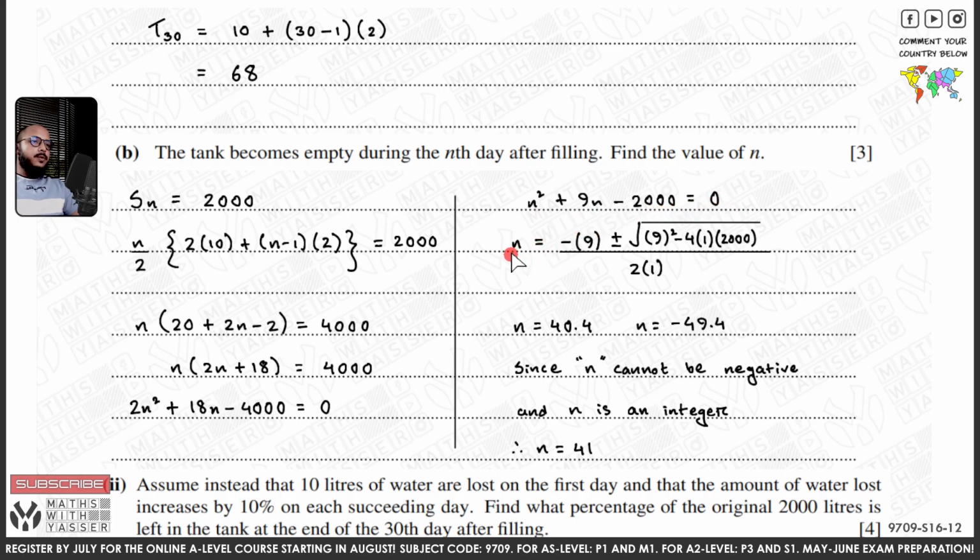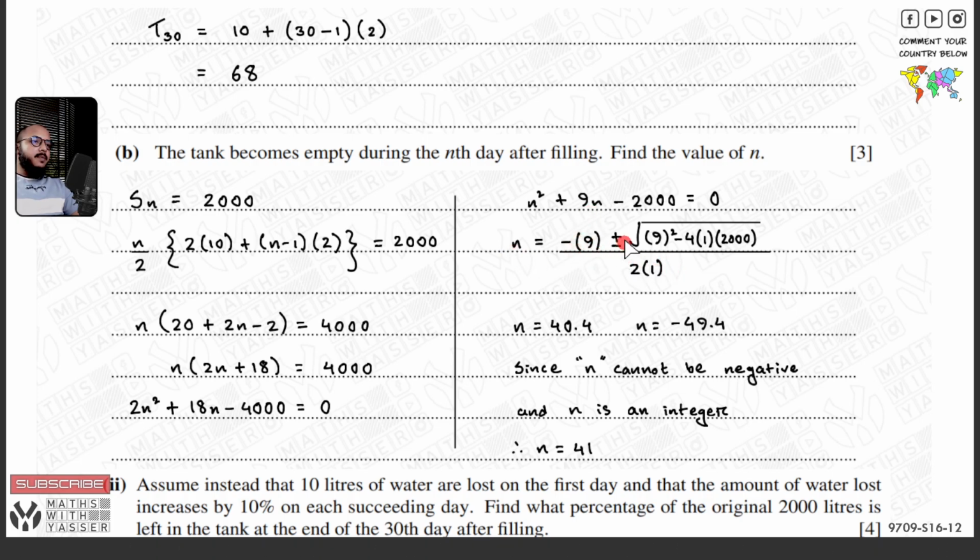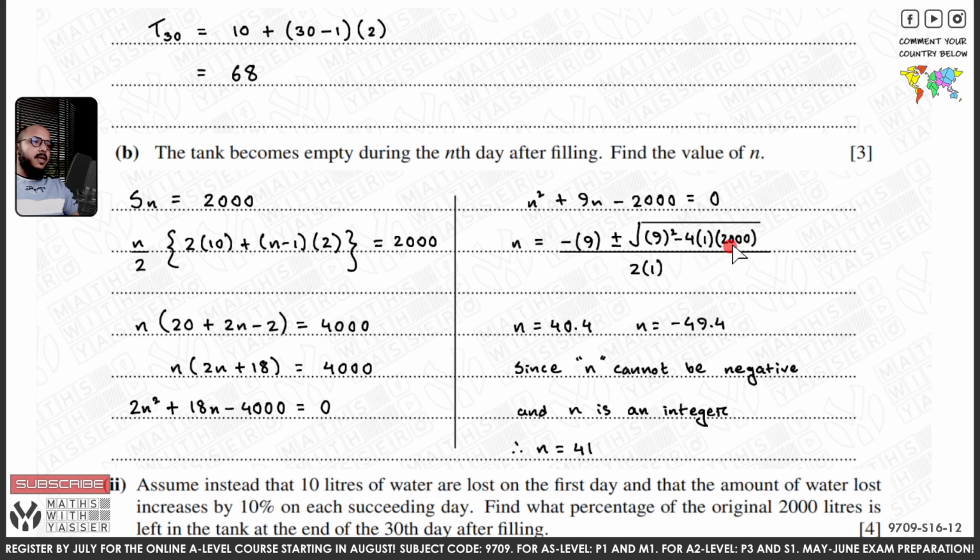Now n equals, with the help of the quadratic formula, minus b plus or minus square root of b squared minus 4ac over 2a, where a is 1, b is 9, and c is minus 2000. That gives us negative 9 plus or minus square root of 9 squared minus 4 times 1 times negative 2000 over 2 times 1. So n is 40.4 and n is negative 49.4.